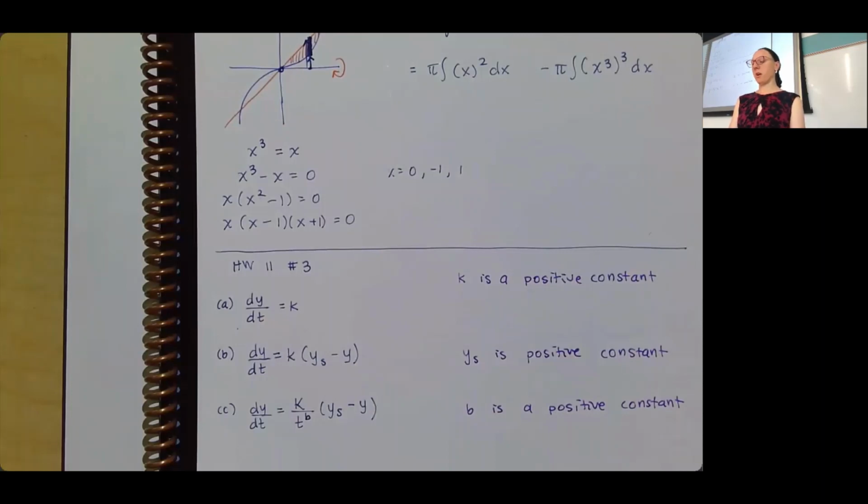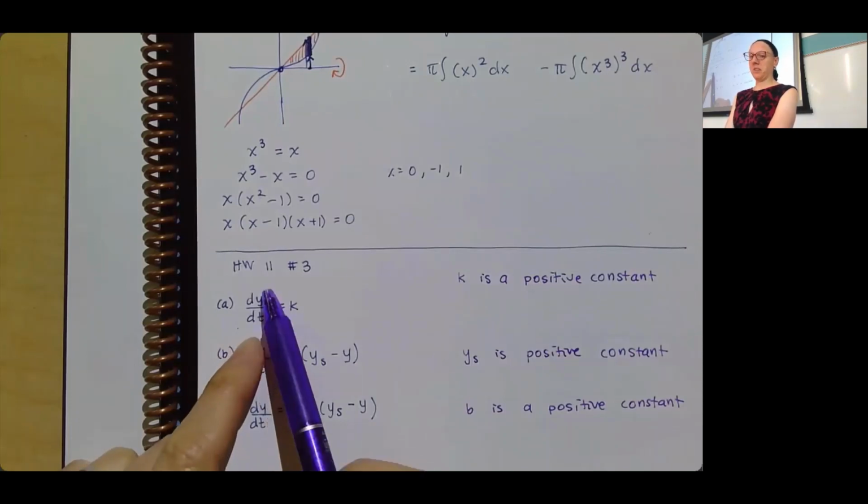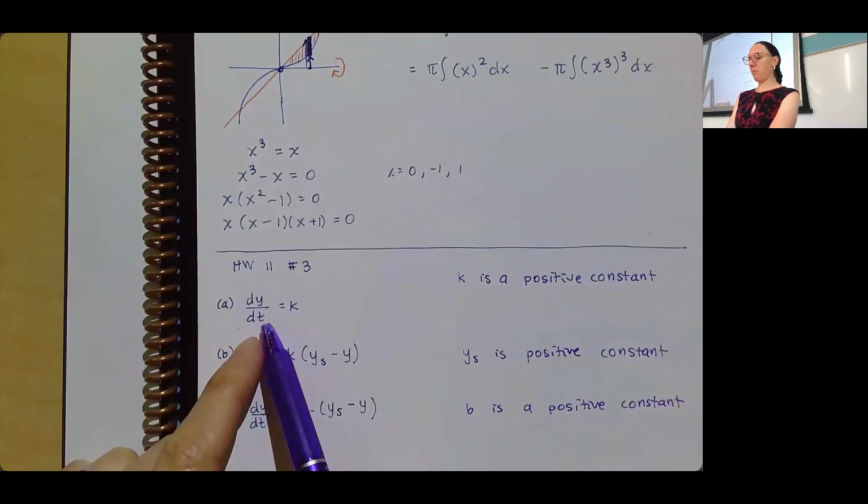Now for the first one, where it says state in words what this means. If I just read this as words, that derivative I read as the change in y over time is equal to a constant.